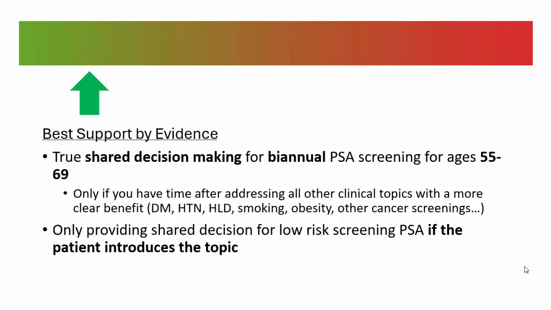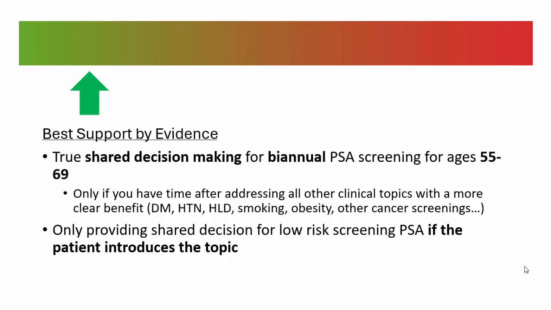Another option that is well supported by the evidence is only providing shared decision making for low risk screening PSA if the patient introduces the topic. So you may not even offer it, and you might only do the shared decision making if the patient brings it up. If you're curious, this is mostly the camp that I'm in. So I will screen patients for a family history of prostate cancer.